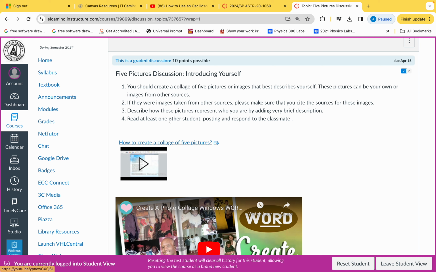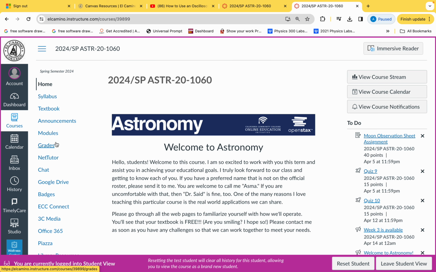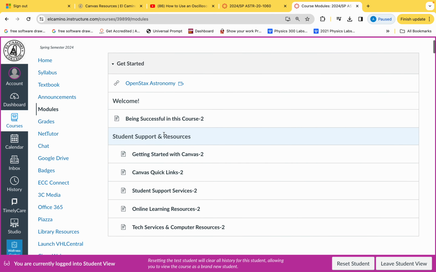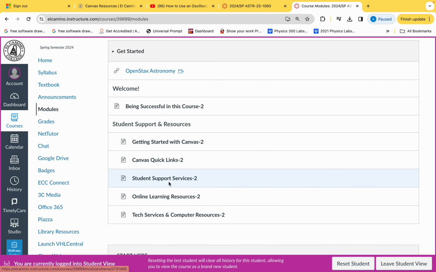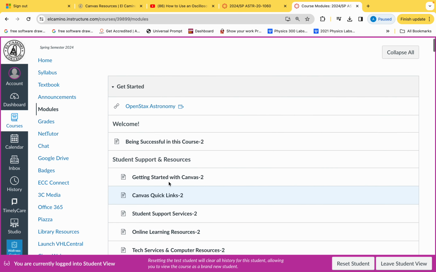Also, because I'm talking about resources, I want to jump to another thing here. If you go here, you're going to find some of the resources. You have how to start with Canvas if you are new to Canvas, or anything related to technology.